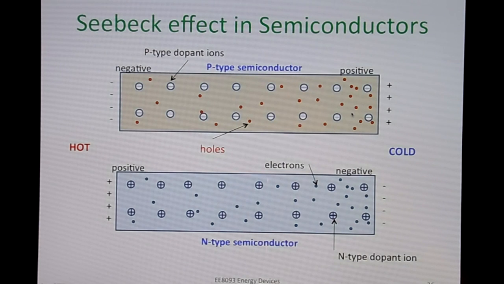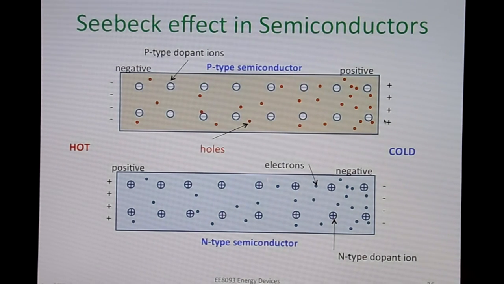So again, in the steady state, we build up a concentration of holes on the right hand side of the p-type semiconductor, and because of that there will be an electric field which will oppose the further migration or diffusion of holes from the hot side.